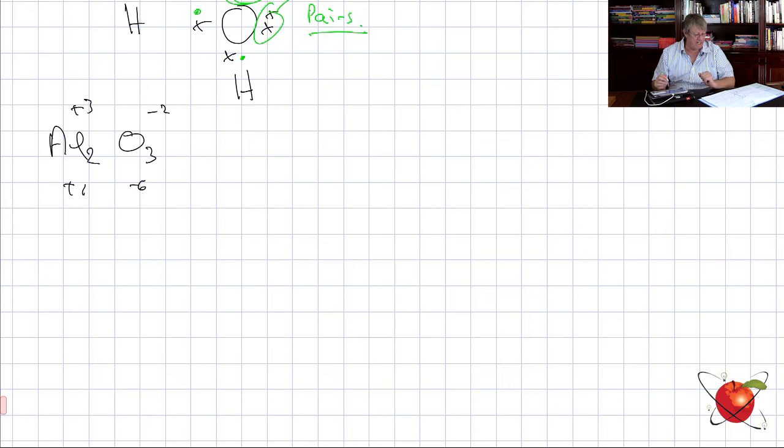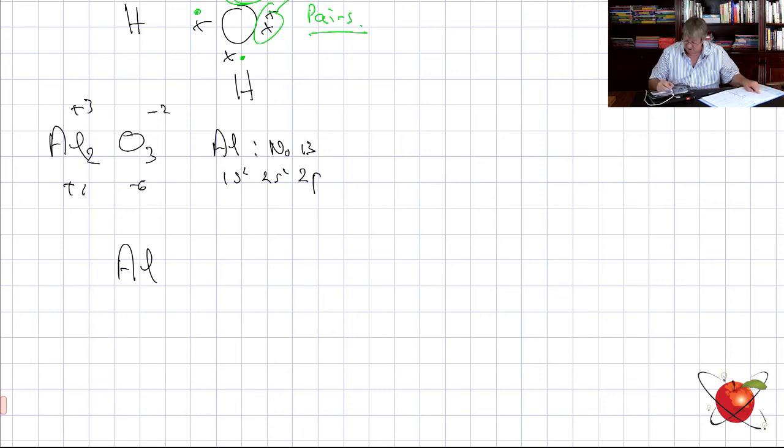First of all, let's have a look at aluminium. I'm just going to draw it like this. Aluminium, we said, is going to have... let's just put aluminium over here. We go and we count where it is, and it's number 13. 1s2, 2s2, I'm filling it up now. 2p6, so that's the end.